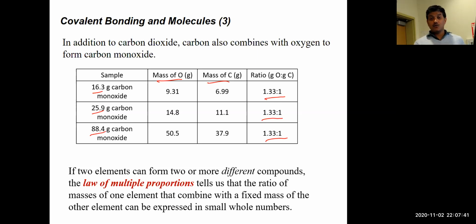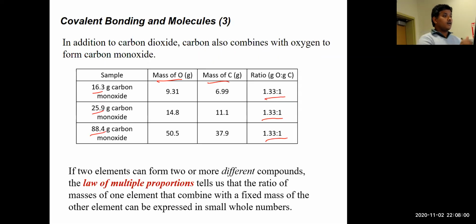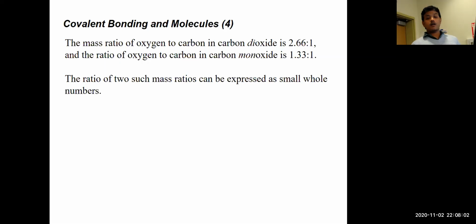Wouldn't it be easier to write CO2 instead of C1 and O 2.66? Wouldn't it be easier to write CO instead of C1 and O 1.33? It's very hard to remember, right? So that's why, using the law of multiple proportions, we are going to come up with the whole number ratio for carbon monoxide, CO, and carbon dioxide, CO2. We are going to explain where those CO and CO2 come from.